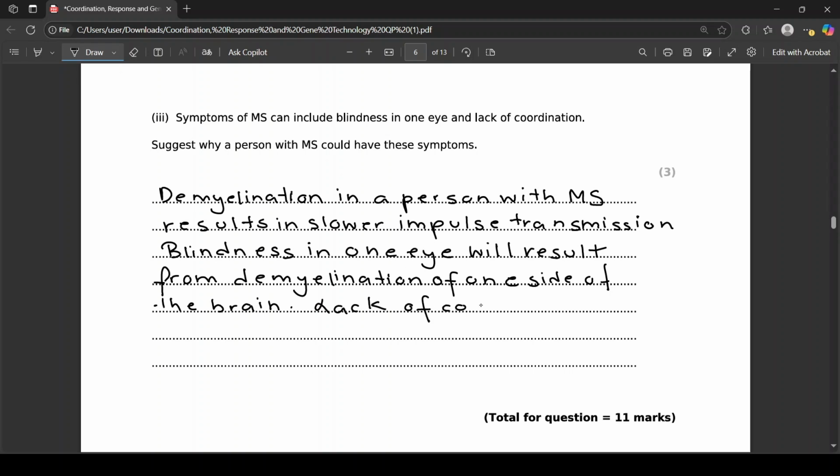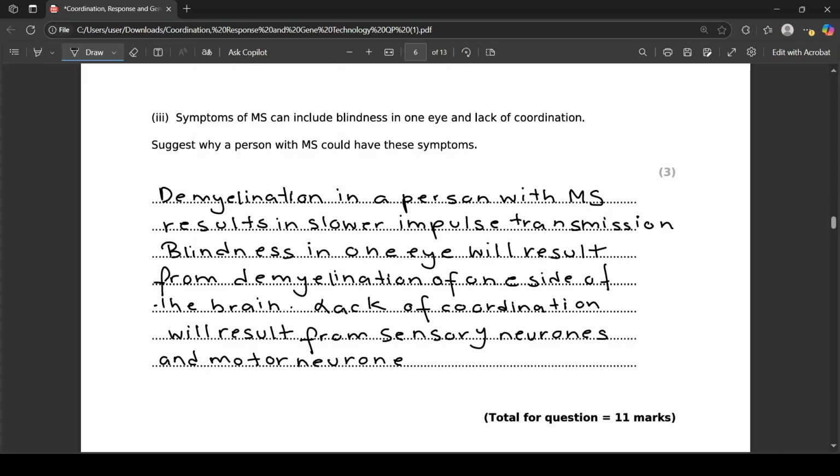Coordination will result from sensory neurons and motor neurons transmitting nerve impulses at different speeds. Okay.